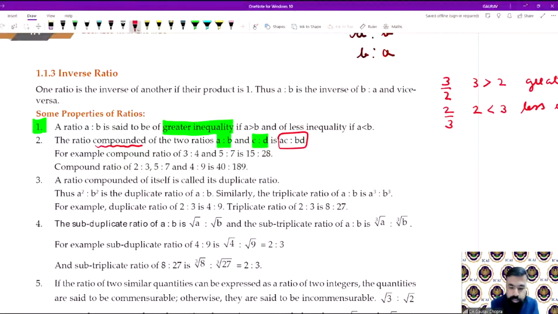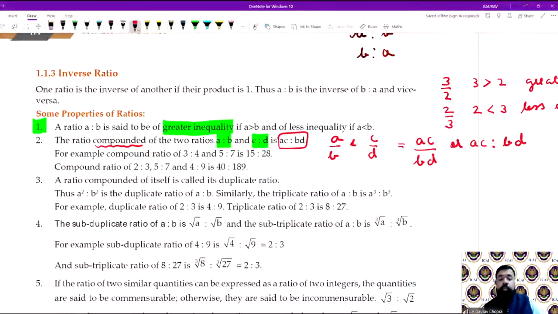So let us try this. A upon B is the first ratio and C upon D is the second ratio. If we have to compound them, just multiply A and C divided by B and D. This can also be written as AC ratio BD.